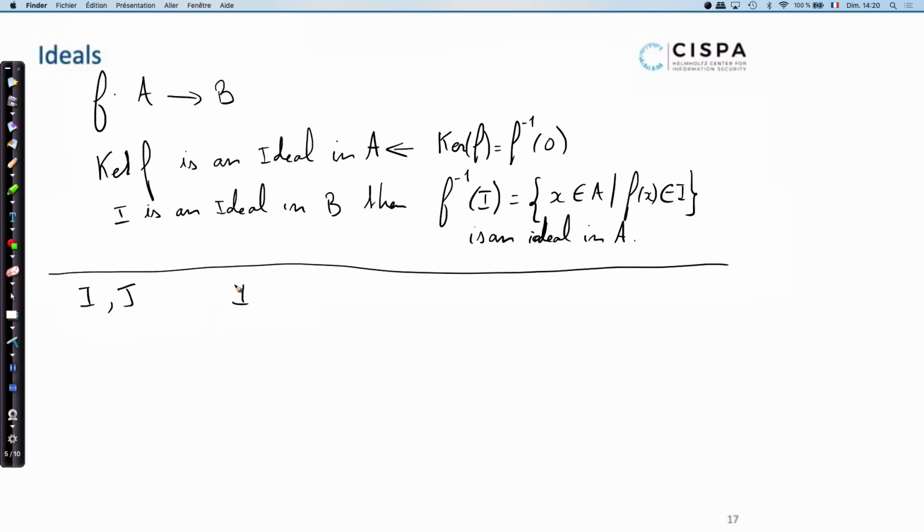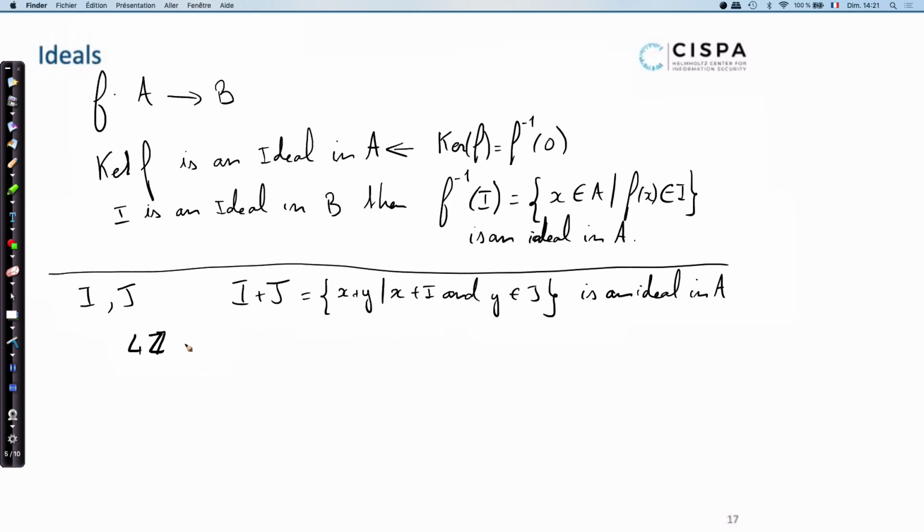So we can define I plus J, which is the sum of all elements from I and J. So it's the set of sums x plus y with x in I and y in J. Okay, and this is an ideal in A. So for example, if we take 4Z, which is an ideal in Z, and we add it to 6Z, which is an ideal in Z, we get another ideal in Z, and this ideal is going to be 2Z.